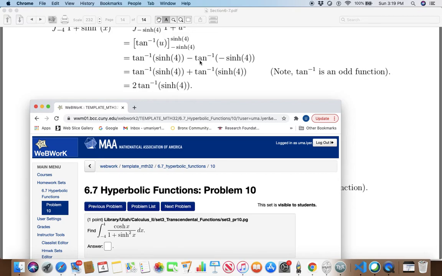Again, tan inverse is an odd function, so the negative comes out and this becomes plus. So 2 times tan inverse of sinh 4. Notice this is tan inverse and this is sinh, so hyperbolic is in the argument but not outside. So the answer is 2 arctan of sinh of 4.